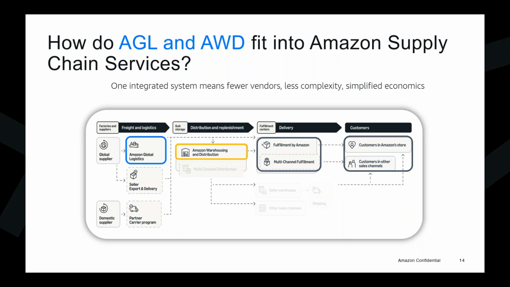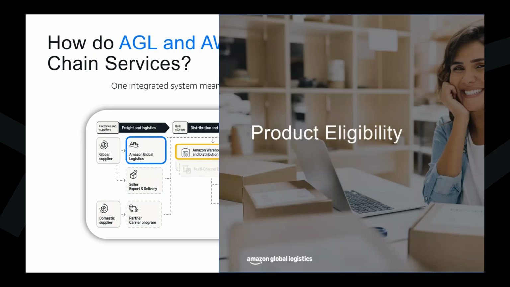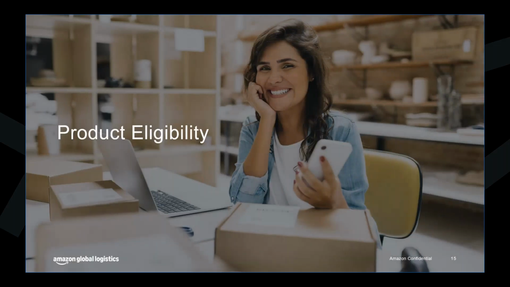And with Amazon Warehousing Distribution, you would then deliver to the fulfillment center and later also to multi-channel fulfillment, which allows you other channels. But at the moment, it allows fulfillment to Amazon and to the Amazon stores.